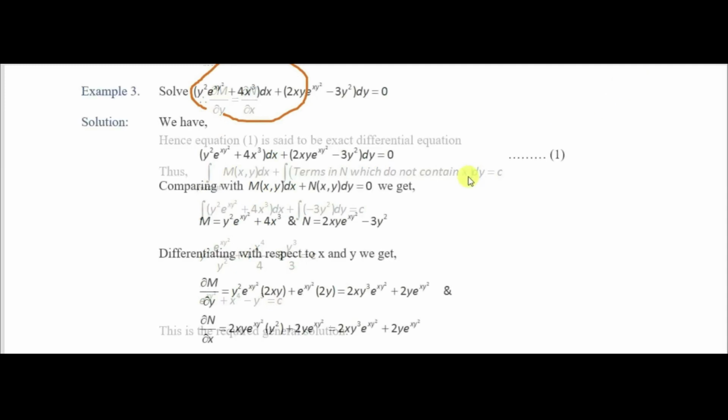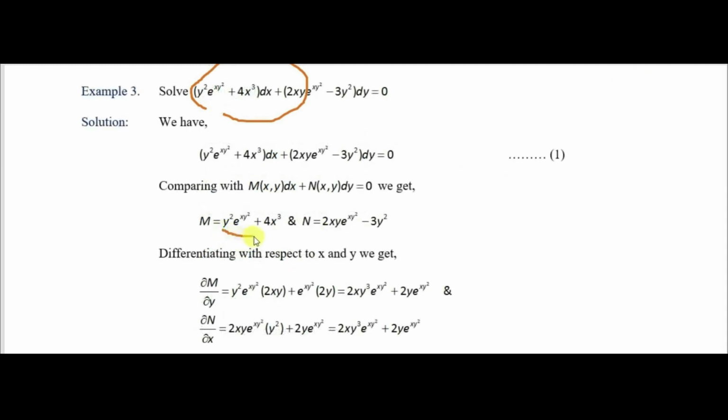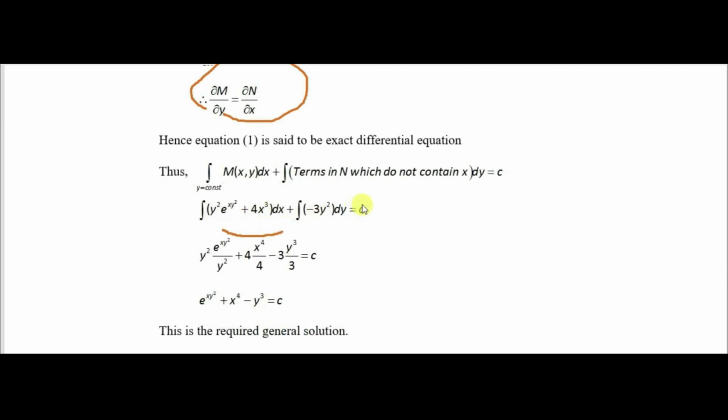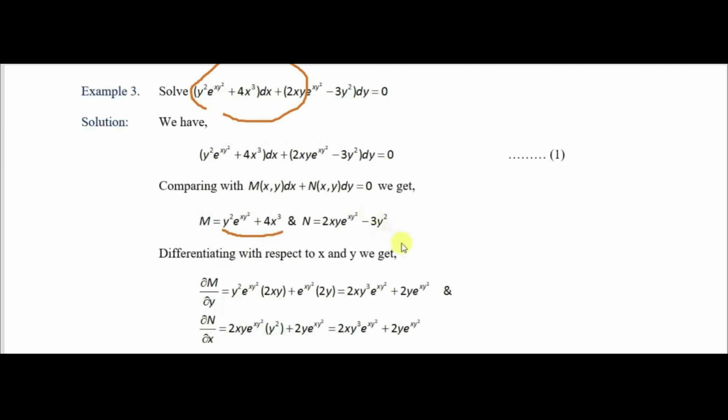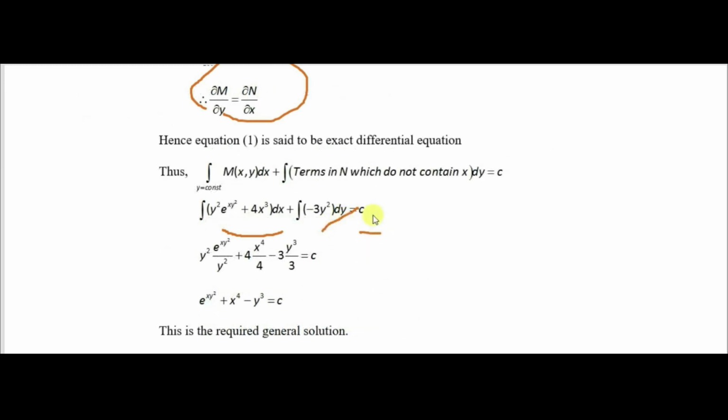So the value of M is given by y square e to the power xy square plus 4x cube. We put the value of M and the terms of N which do not contain x. In the first term x is present, so cancel this term, and the only remaining term is minus 3y square. Now we have to integrate this.